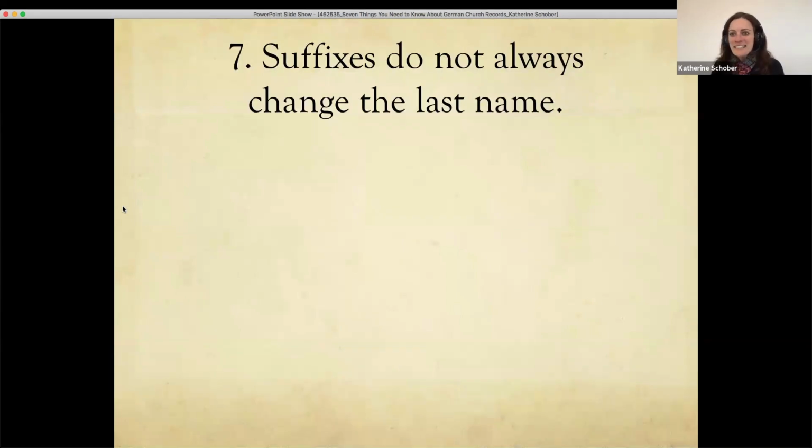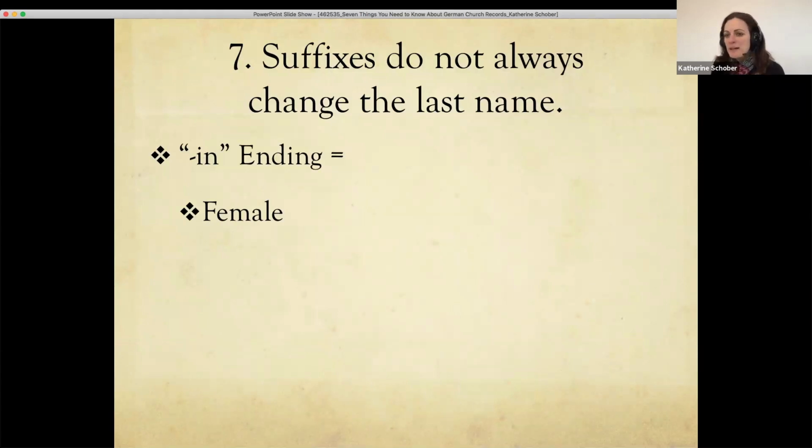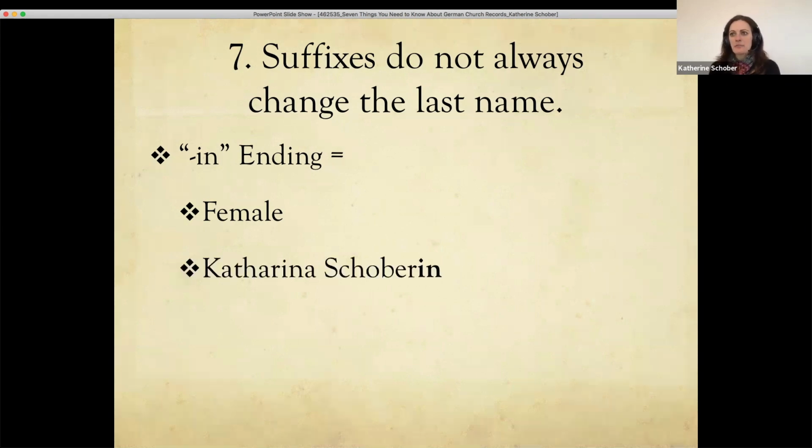All right, the last tip, you've made it through. Suffixes do not always change the last name. That IN ending, has anyone ever seen an IN ending on your last name? If you have, it usually means that that is a female with your last name. So for example, if my name was in a record, it might be written as Katarina Schober in.